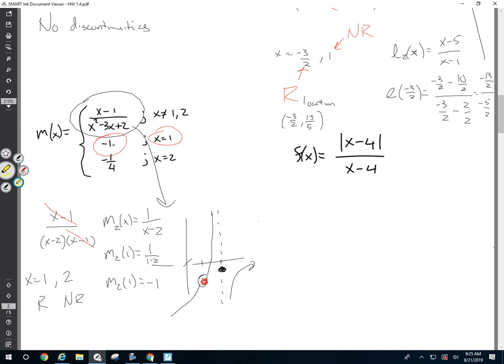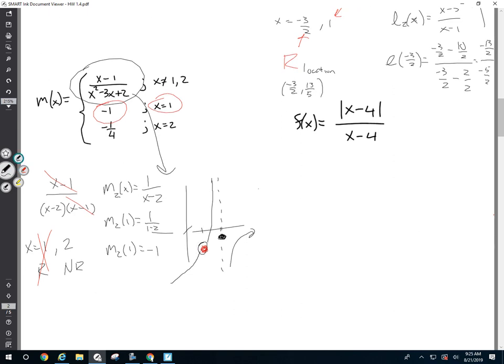This point fills in the hole. It is because of this reason we do not have a discontinuity at 1. We would just have a discontinuity at 2, and it would be a non-removable discontinuity. So that is a nice tricky problem that we need to be prepared to do.